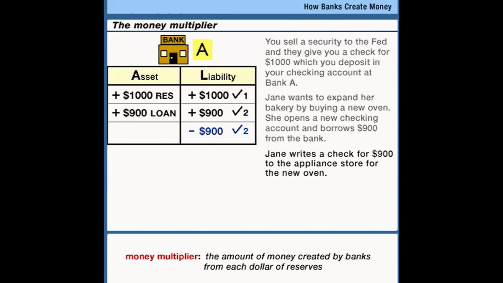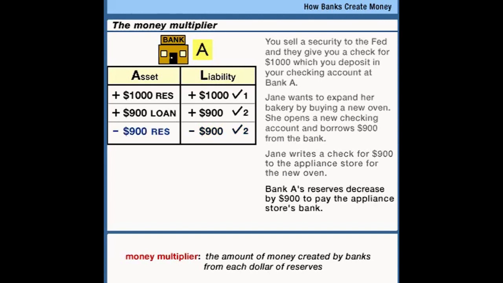Now, let's look at what's happened on net here. After all the dust has settled and Bank A has done its business, the net result is that $1,000 in reserves came in, $900 in reserves went out. The net increase in reserves at Bank A is $100. Meanwhile, Bank A has had a net increase in checking deposits of $1,000.